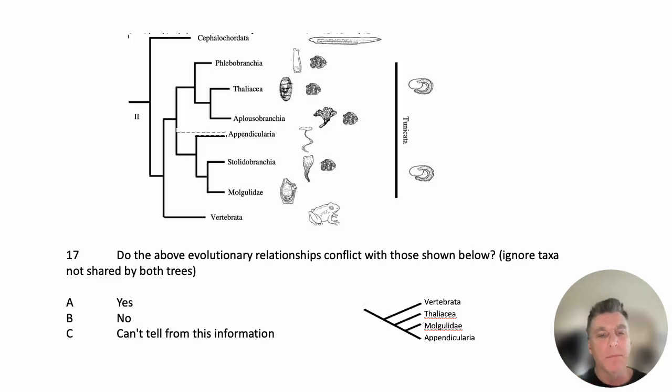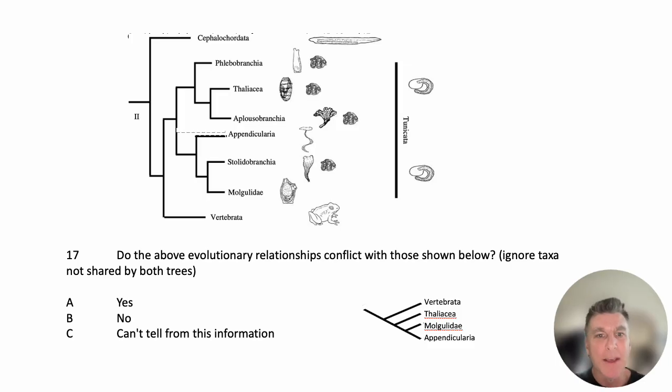Here's another. Do the above evolutionary relationships or phylogeny conflict with those shown before? And this is another just tree reading question. That top tree is clearly from a publication that I just screenshotted from some PDF. And the bottom one is just a tree that I put together that is much more ball and stick, no pretty pictures.